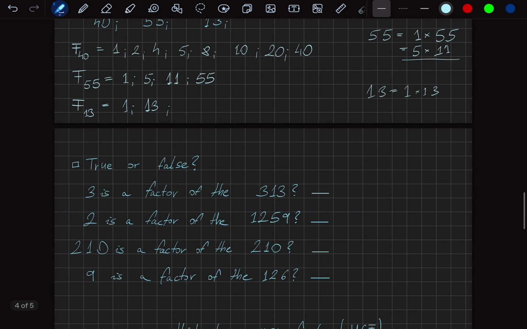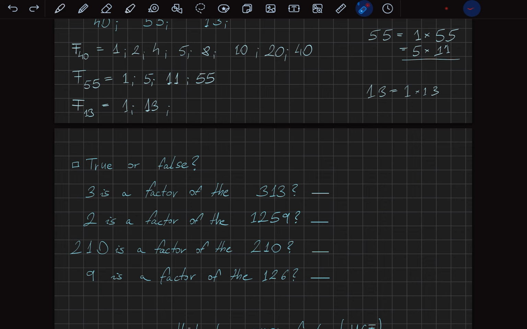Okay, true or false? 3 is a factor of 313. Basically, this is the rule for how we can divide by 3. We can divide by 3 and 9 if we add the digits of a number, and if I can divide this sum by 3 or 9, then we can divide the whole number.